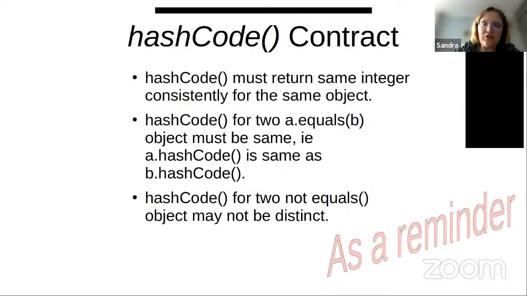And the same with the hashCode method. The hashCode method should return the same integer when the equals method produces the same result. But on the other side, when equals is not the same, the hashCode could be the same. So there are some rules that you follow.